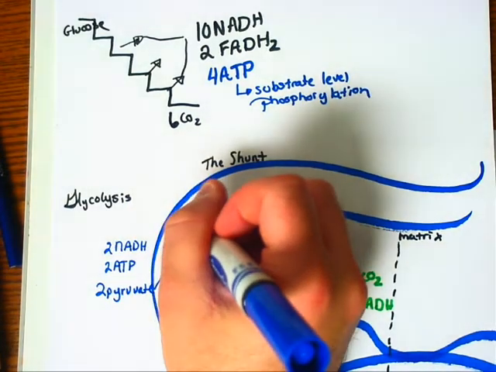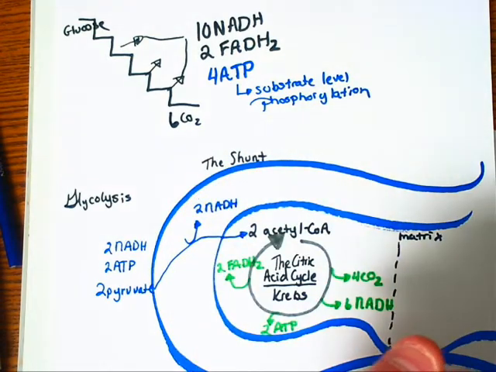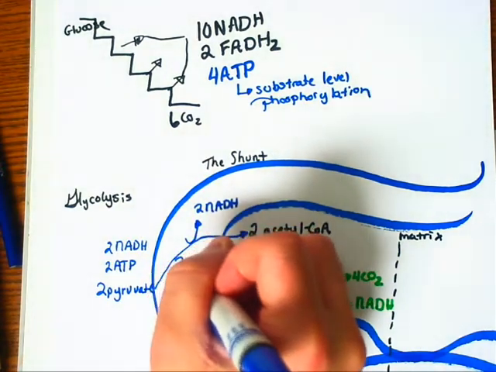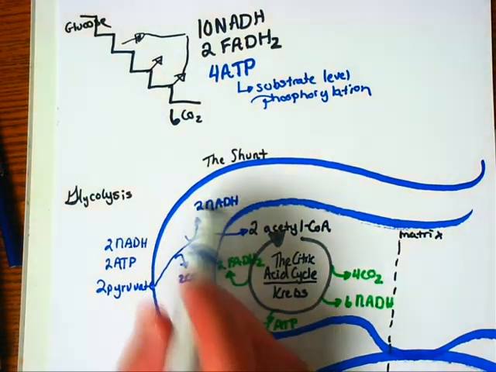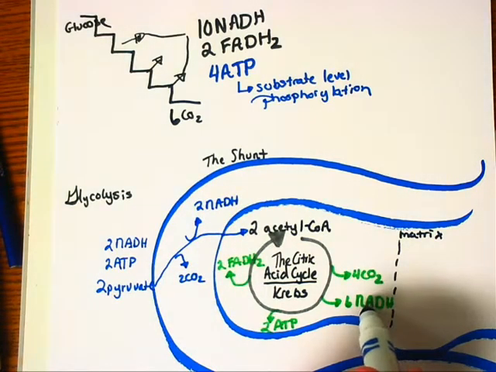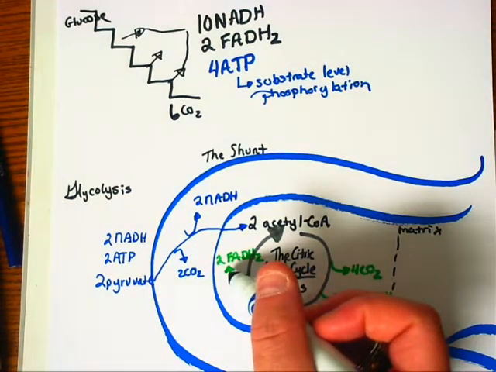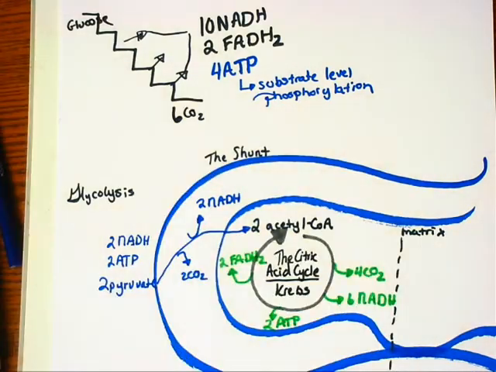Doing that made 2 NADHs, correct? You also blew off 2 CO2. So let's count up. 2 NAD, 4, and 6 makes how many? 10. There's the 10 NADHs. There's your 2 FADH2s, and your 4 ATP come from 2 there and 2 there.